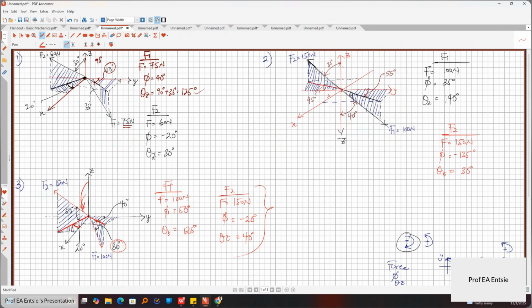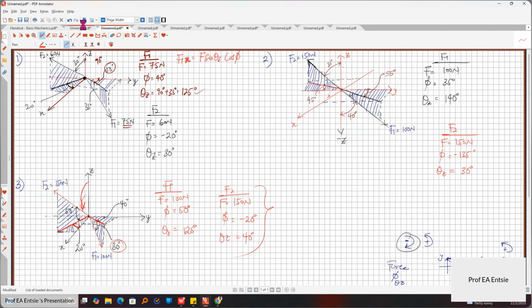So for instance, for F1, if you want to find F1 in IJK, the x component of F1 will be F sine theta z cos phi.